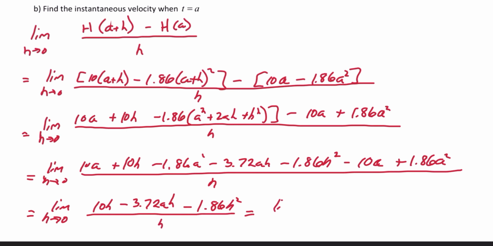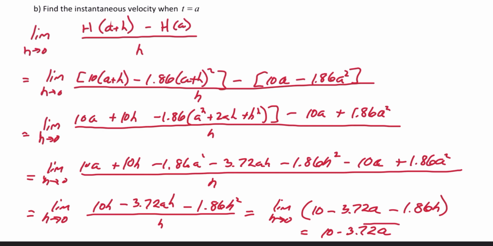We can remove an h from the numerator and denominator, leaving us with the limit as h approaches 0 of 10 minus 3.72a minus 1.86h. Now h is going away to 0, so we're left with 10 minus 3.72a. So we now have the instantaneous velocity at any given time a.